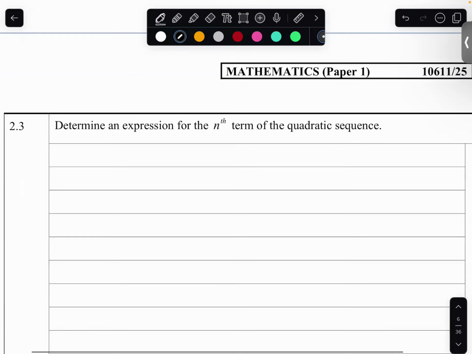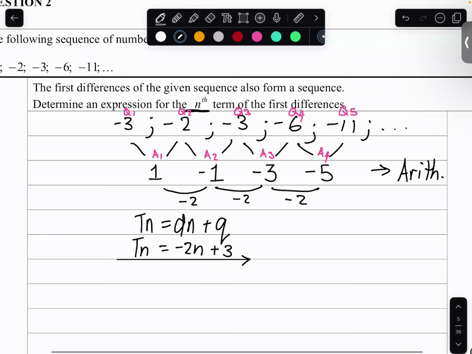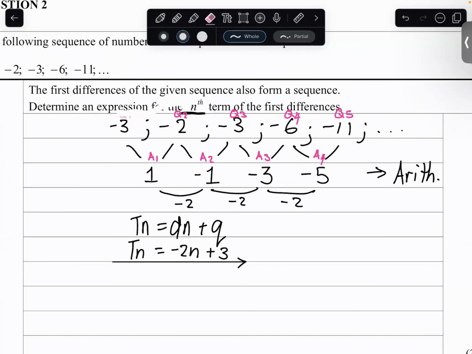Determine an expression for the nth term of the quadratic sequence. So, I just need this. Give me 1 second.